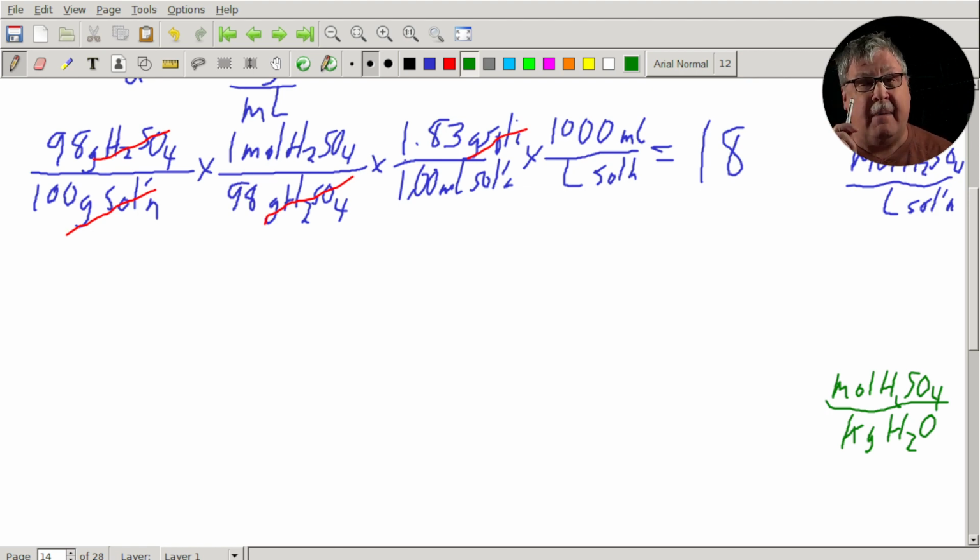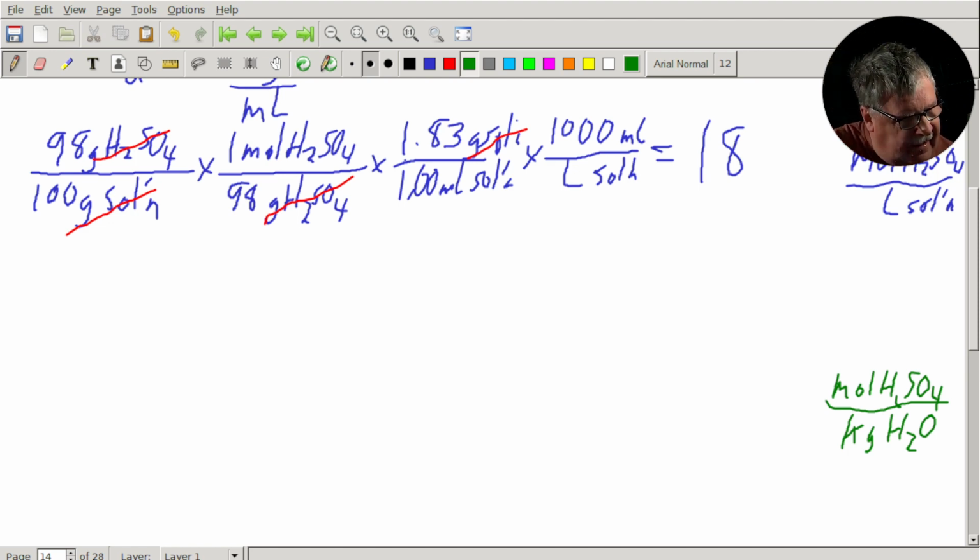Molality is defined as amount of solute per kilogram of solvent. Okay, amount in moles. So we do have to figure out the number of moles of H2SO4. But here's what we have to think about. We have to look at this original solution in a different way. Up here, we took mass of solute per mass of solution.